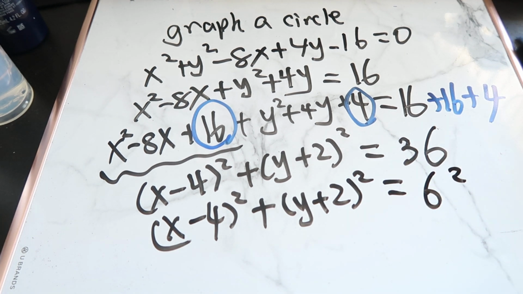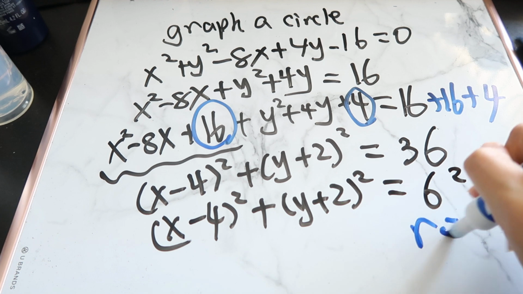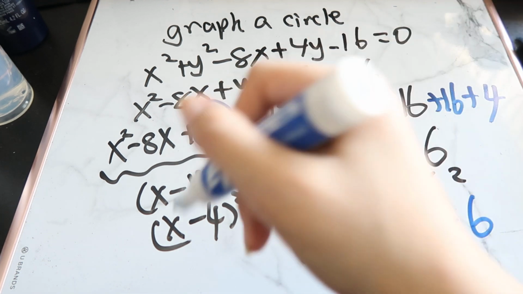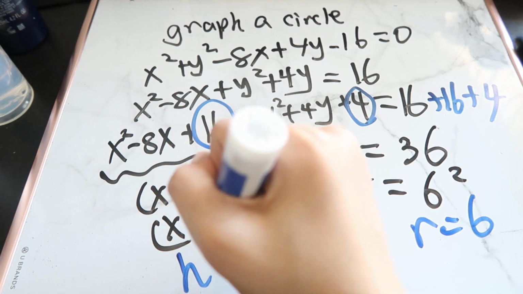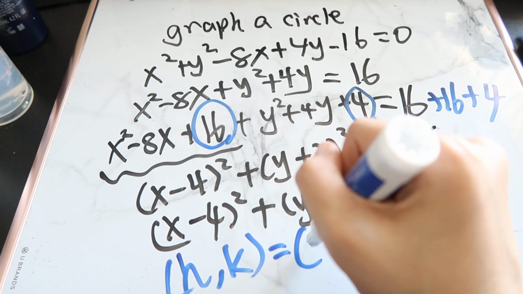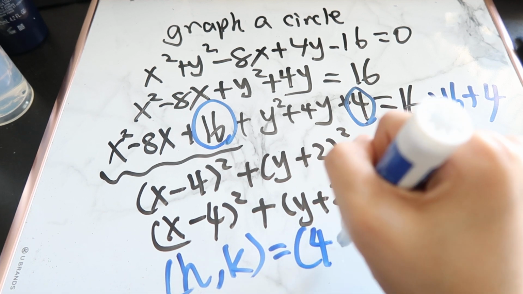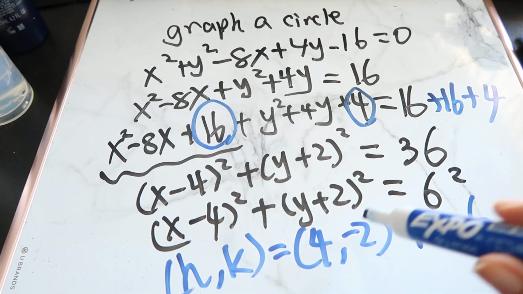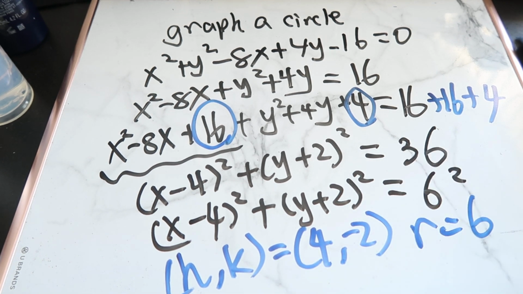So in this case, your radius would be 6, and your h and k, remember that's the center point, would become 4 and negative 2. And then after you have this, you can draw a graph on the side. It doesn't have to be accurate. It's more important for you to find the actual value for the center and the radius.